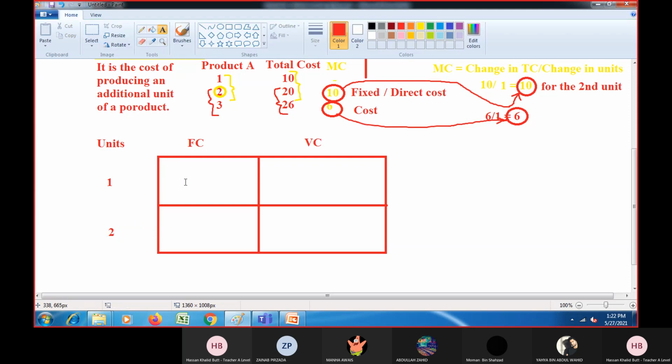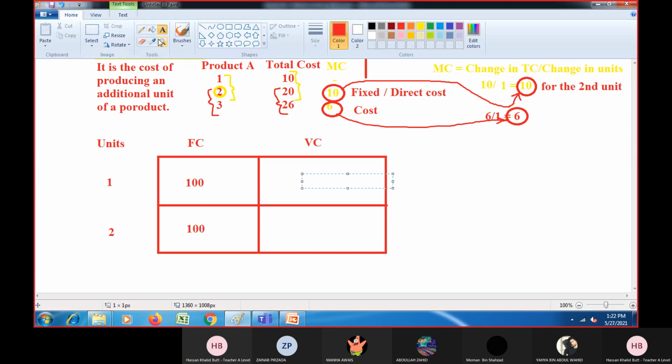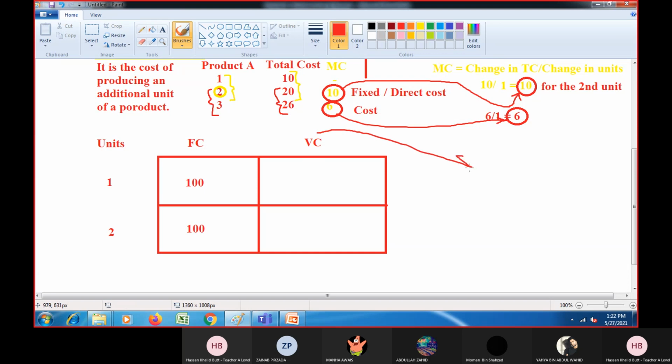And fixed cost is, let's say, 100. We take the same because you know that fixed cost does not change with the change in the level of output. And variable cost, this is total variable cost. I am just saying the variable cost, you know that we calculate it like this: variable cost into quantity, output. So this is basically the total variable cost.